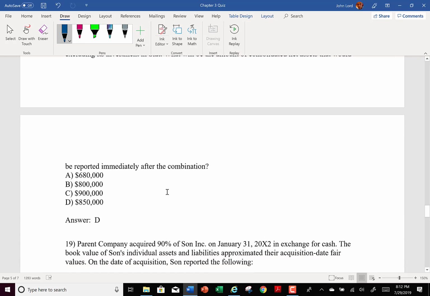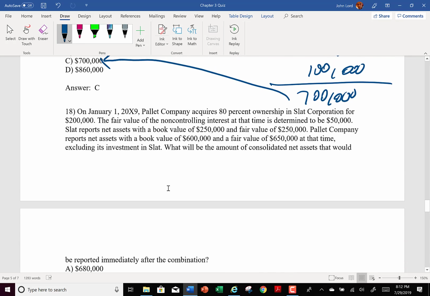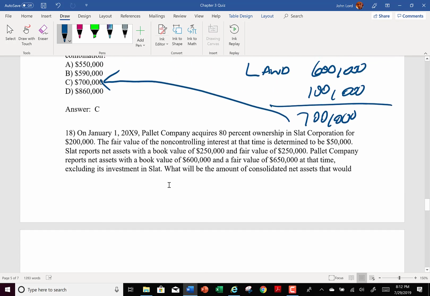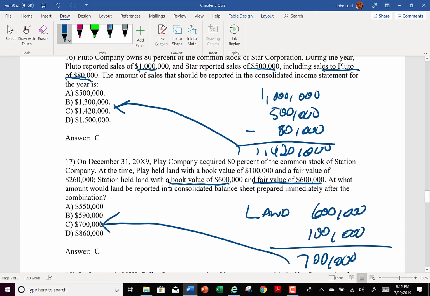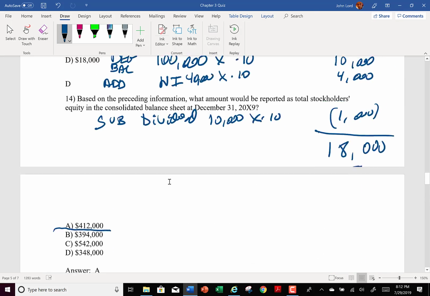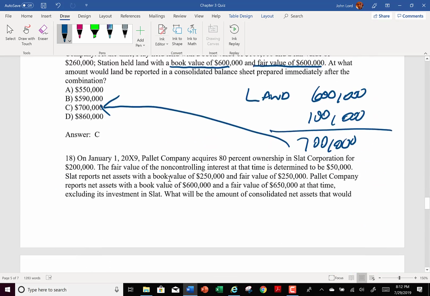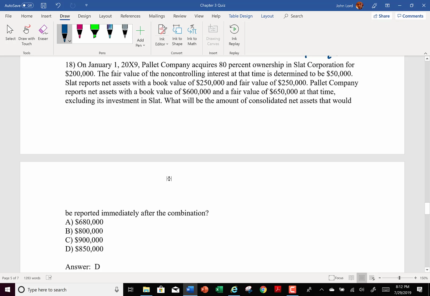Number 18. What are the net assets immediately after the consolidation? Oh, it has its own set of facts. Okay, acquires 80% ownership in Slack Corporation for $200,000. Fair value of the non-controlling interest is determined to be $50,000.